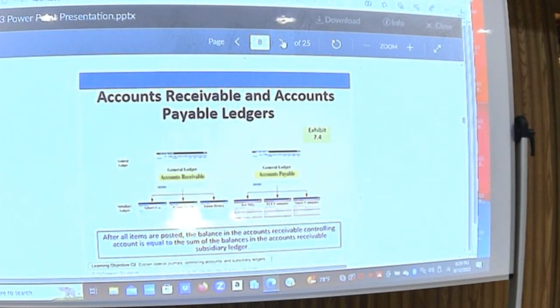After you've posted or entered all of those in those special journals, the balance in the accounts receivable controlling account, remember that's the account in your general ledger, is equal to the sum of the balances in the accounts receivable subsidiary ledgers.